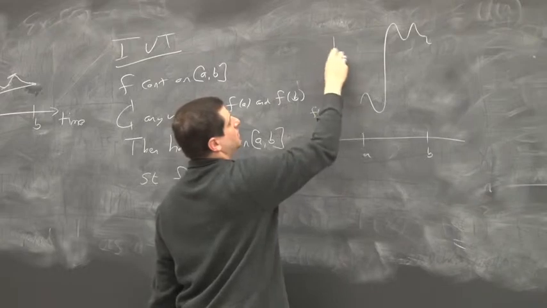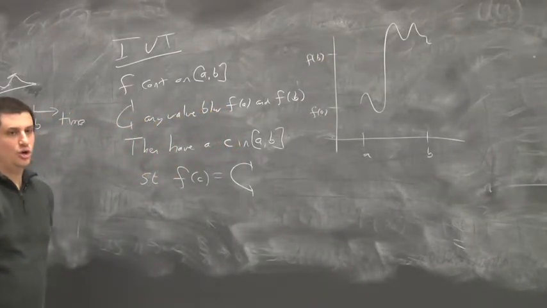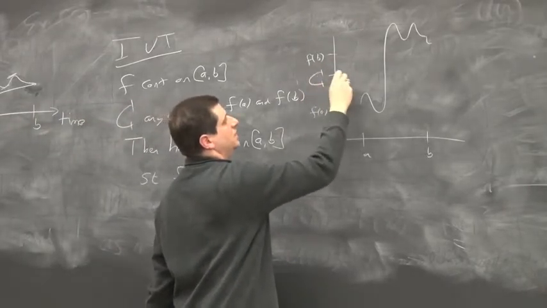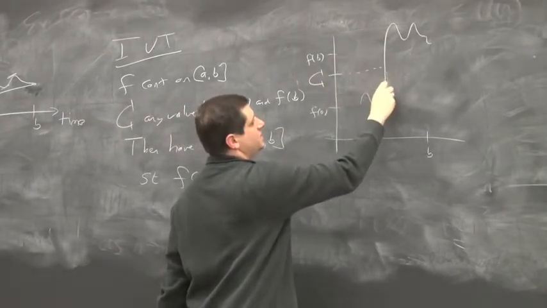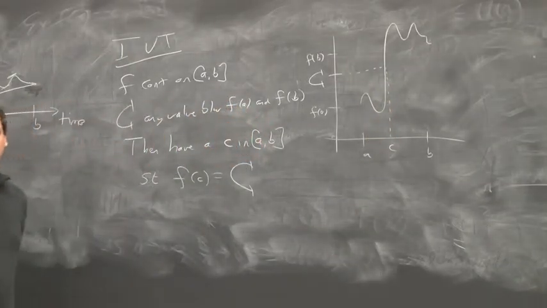And so here's f of a, here's f of b. And what I'm telling you is, no matter what value you take between f of a and f of b, there must be some time where under f I go to that.